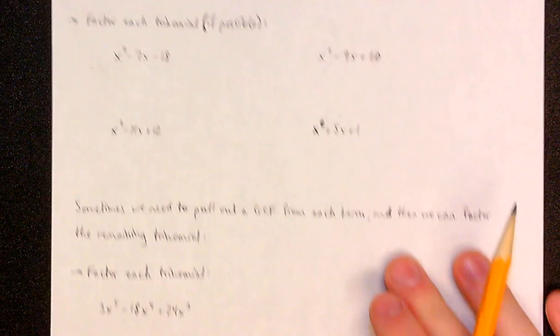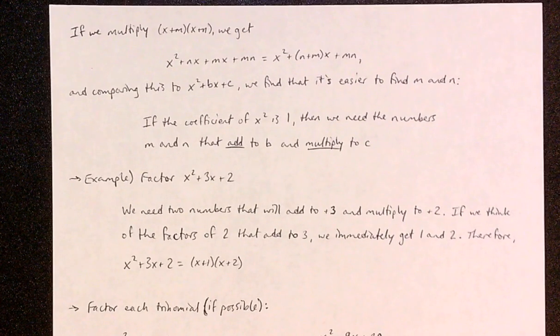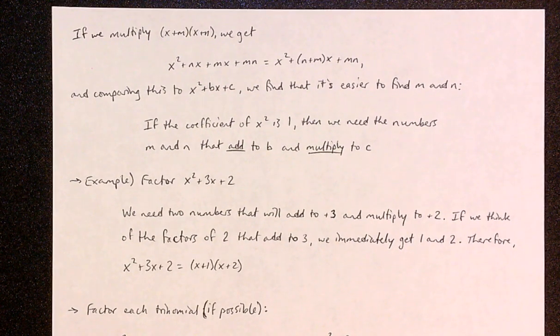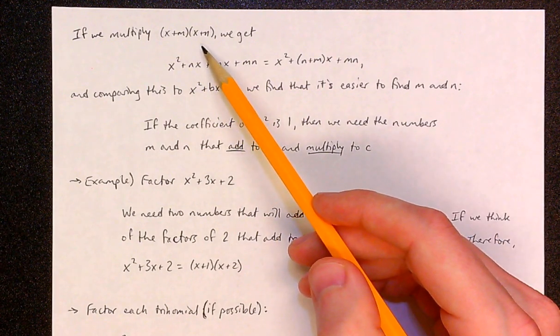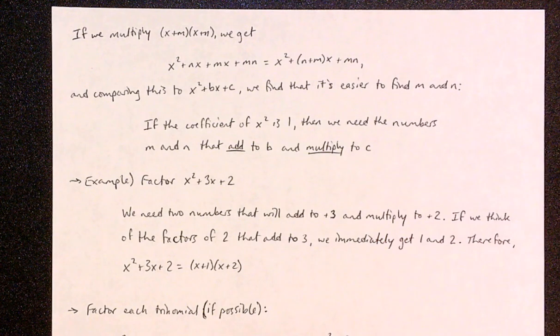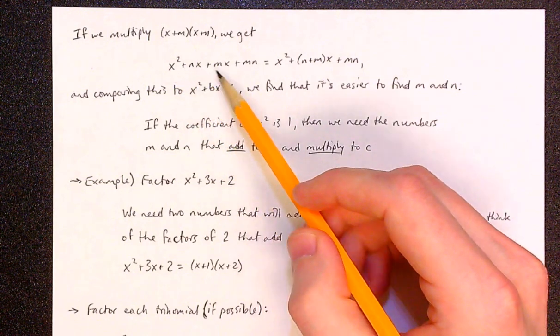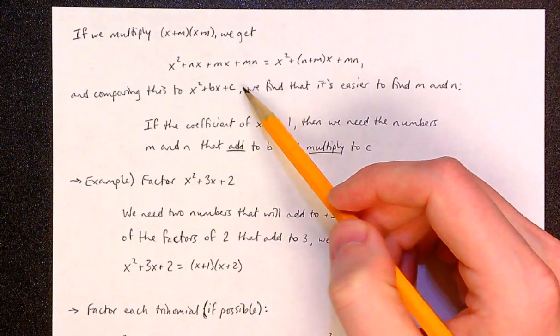I'm going to work with this here, and we'll see why what we have to look for is indeed what we have to look for. So if I multiply x plus m and x plus n, what am I going to get? Well, I'm going to get x squared plus nx plus mx plus mn.